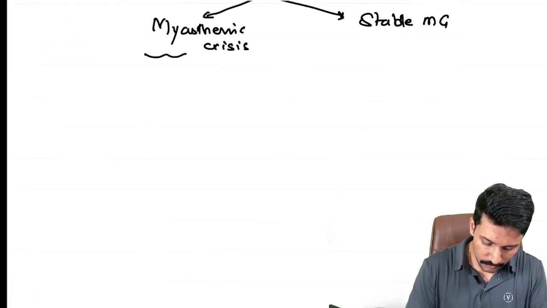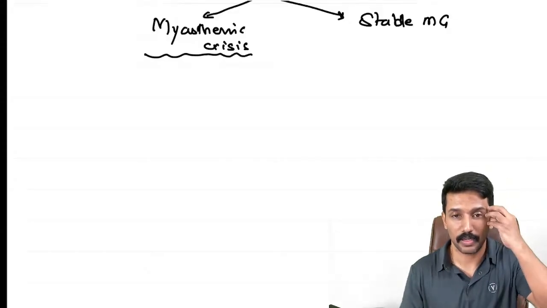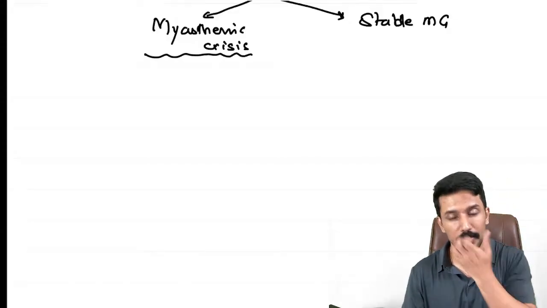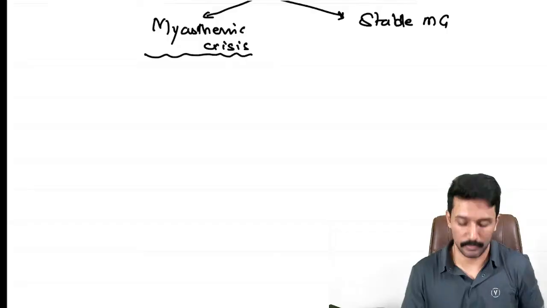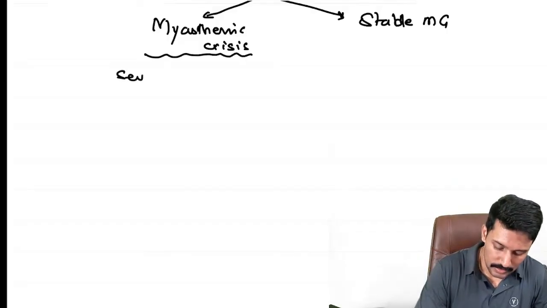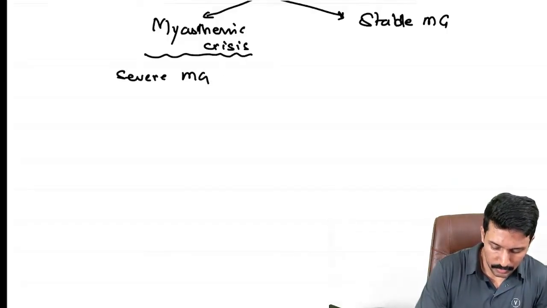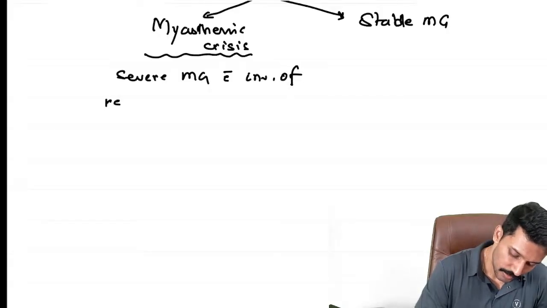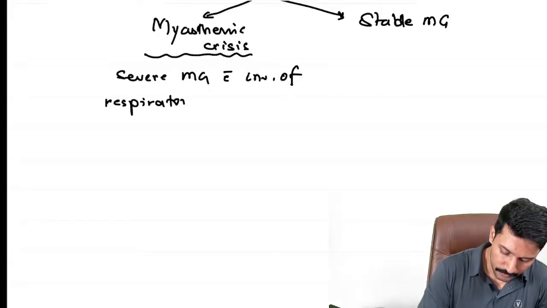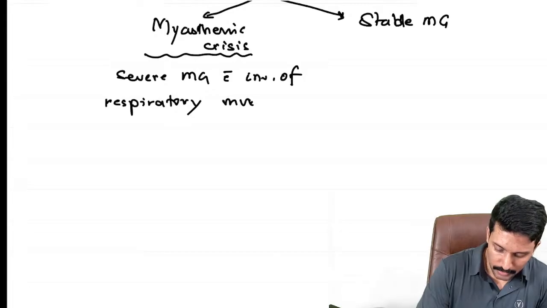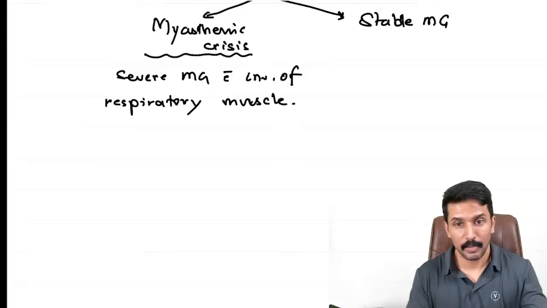Myasthenic crisis means severe myasthenia gravis where apart from your eye muscles, proximal muscles and facial muscles, there is also involvement of respiratory muscles. So it is severe MG with involvement of respiratory muscles. And because respiratory muscles are involved, you will have respiratory weakness or respiratory failure or respiratory paralysis.